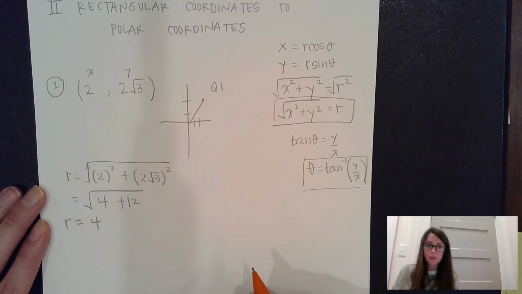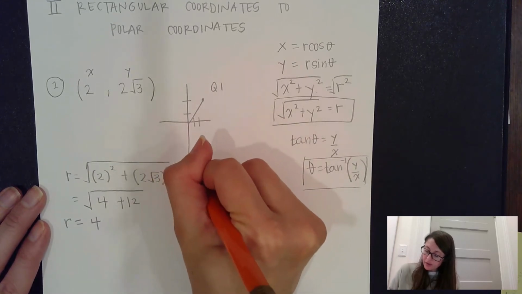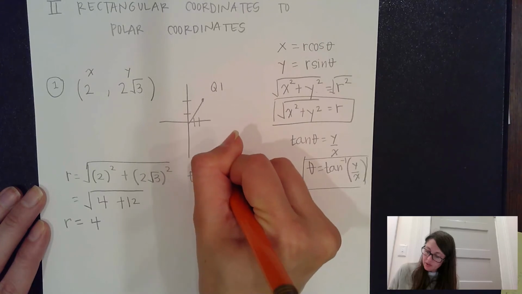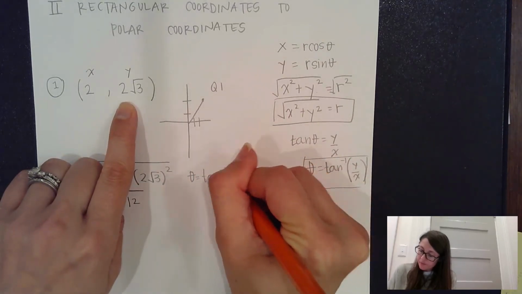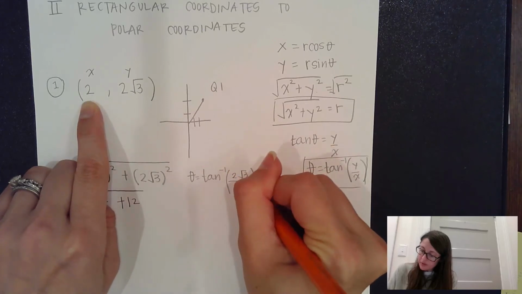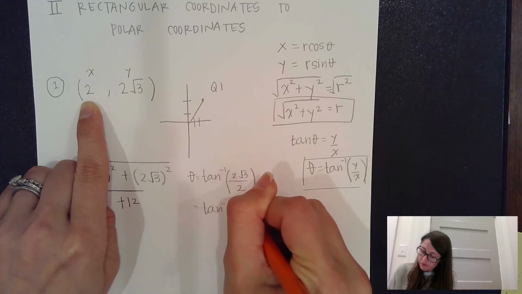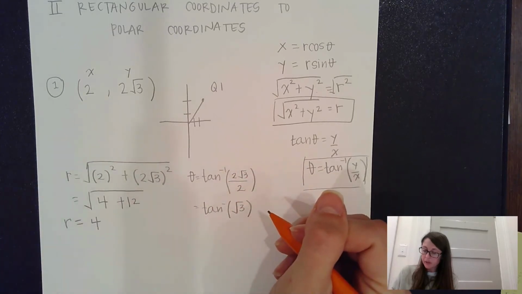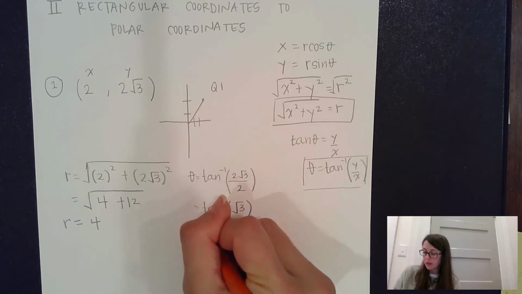So your r value is going to be a 4. So to find your theta here, you will say inverse tangent of your y value over your x value. So this will be inverse tangent of square root of 3. So inverse tangent of square root of 3 is just going to be pi over 3.